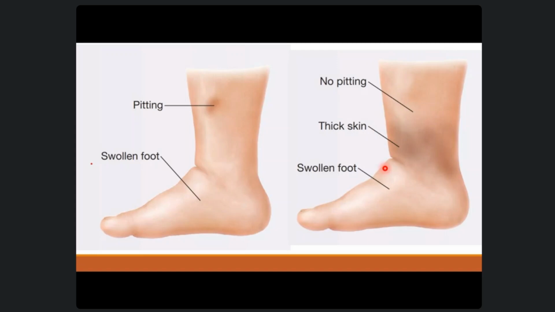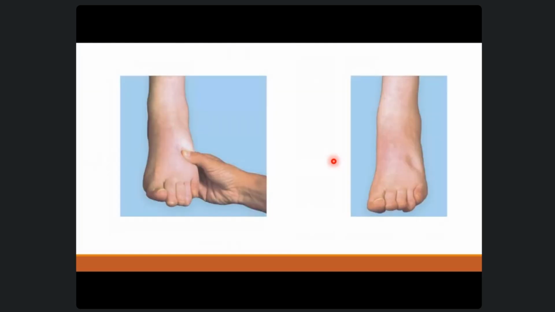This is also due to the accumulation of protein-rich fluid when the lymph channels are obstructed. The lymph channels might be obstructed because of a tumor, inflammation, or even in post-radiotherapy treatment patients. So again, lymphedema and pitting edema are two different conditions.